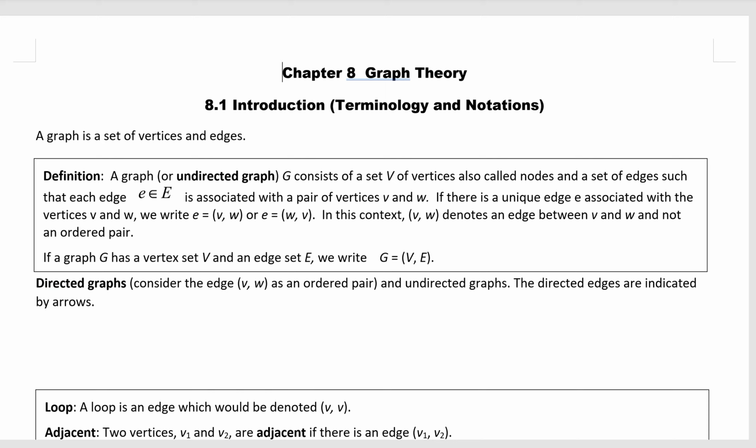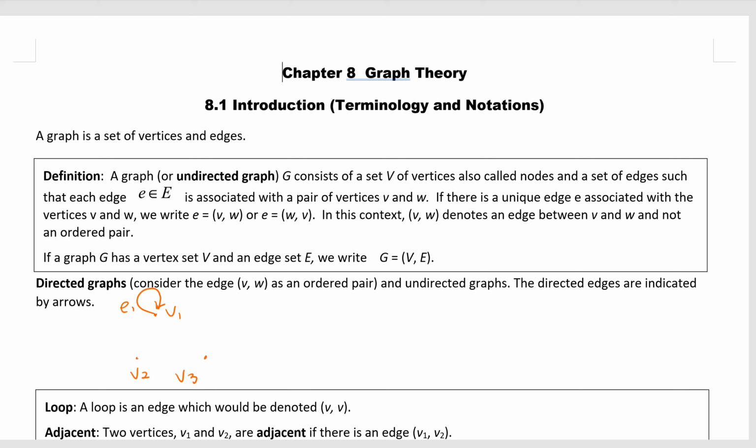So let me give you an example here. We can have V1, V2, V3. Let me draw here. So here we have 3 vertices. Let's draw some edges between them. Let's say E1.